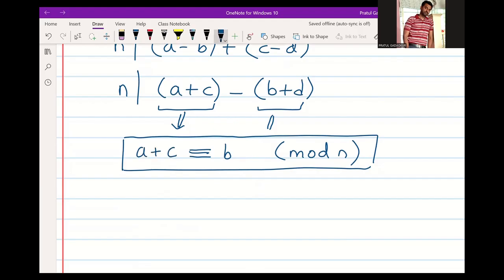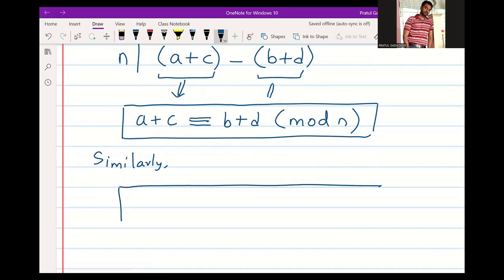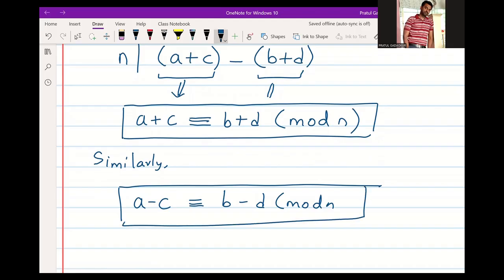A plus C is congruent to B plus D. Similarly, instead of adding, I can subtract the two congruences. So A minus C will be congruent to B minus D modulo n. This result is also correct.